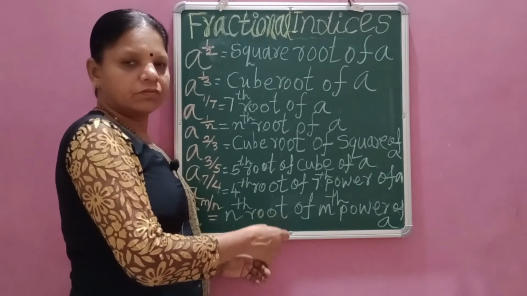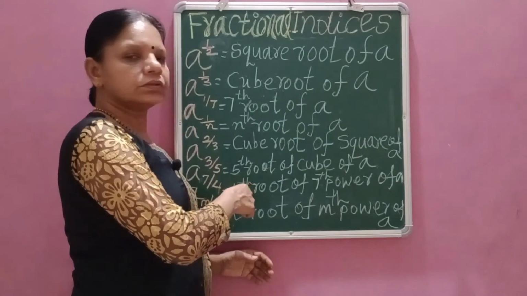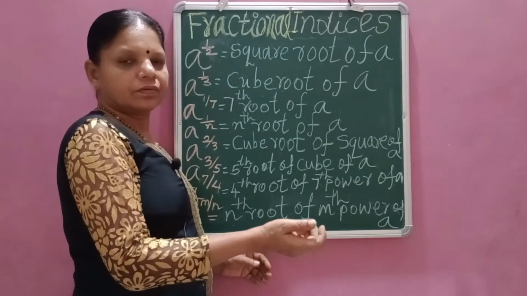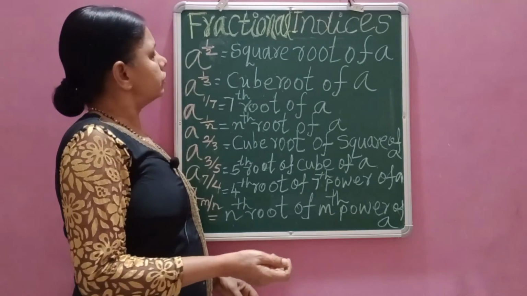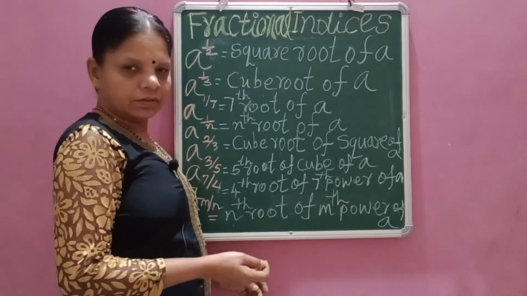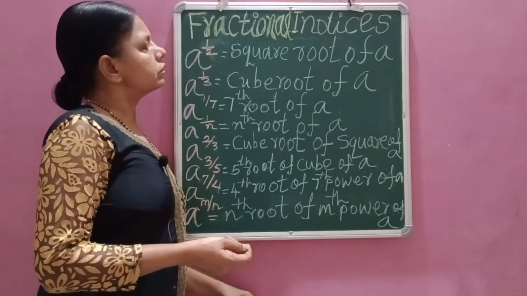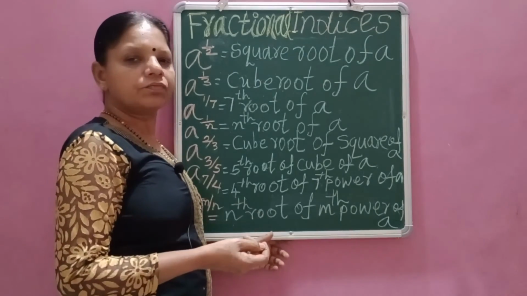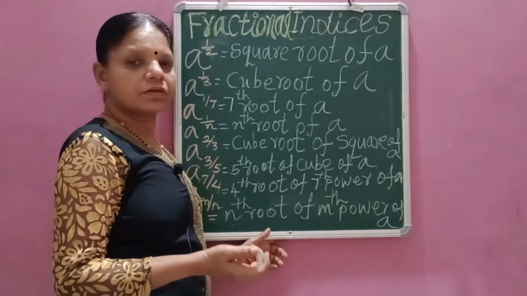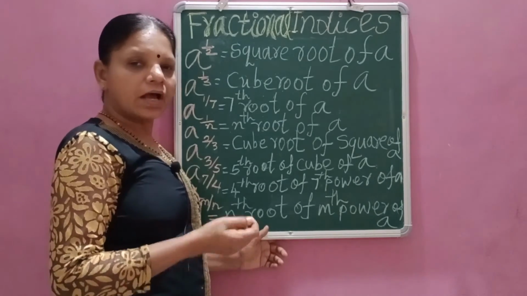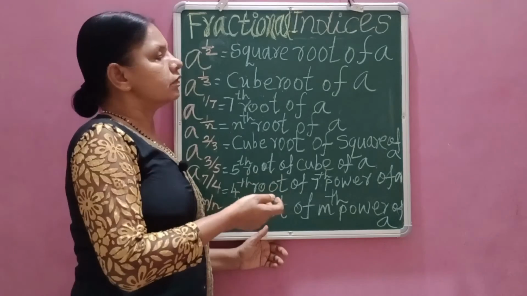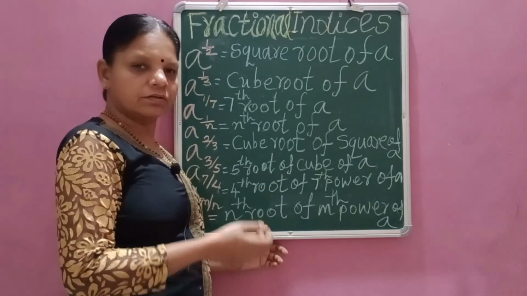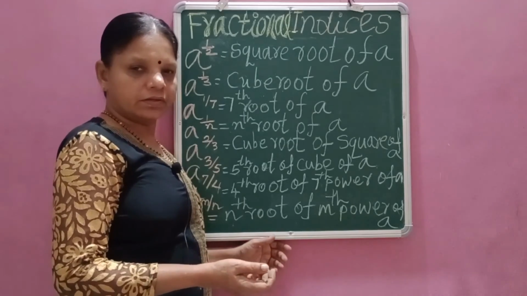The denominator defines roots and the numerator defines powers. Clear? So that is about fractional indices, and the laws of indices are the same as in the case of ordinary indices. Fractional rules are the same. Clear?